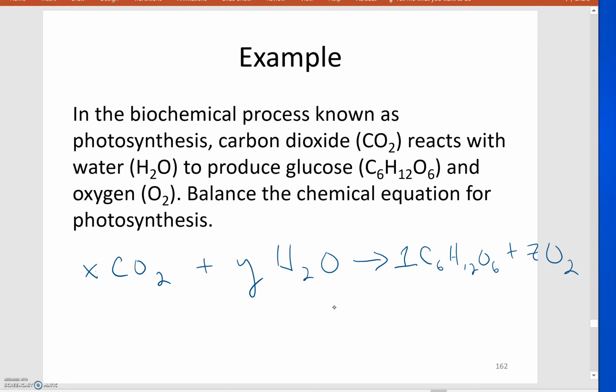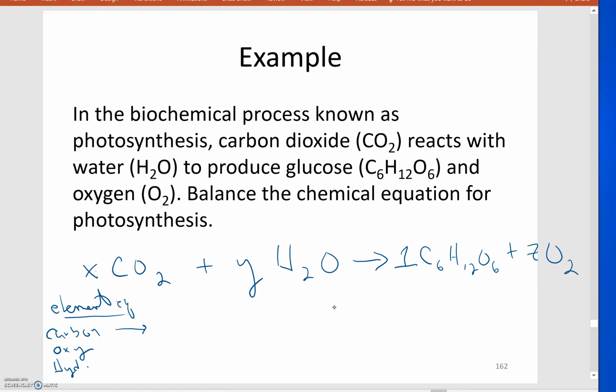And then we'll write our element equations, which is the number of atoms of each element contributed by each molecule. We'll have one for carbon, one for oxygen, and one for hydrogen. Carbon, oxygen, hydrogen, and that's it. Okay, so let's write our carbon equation.